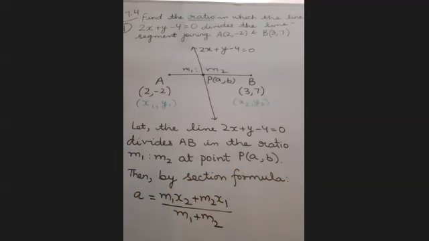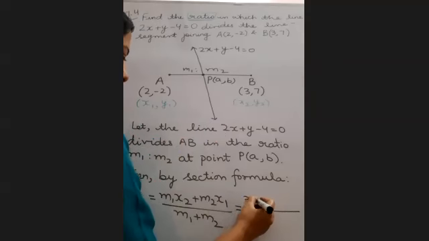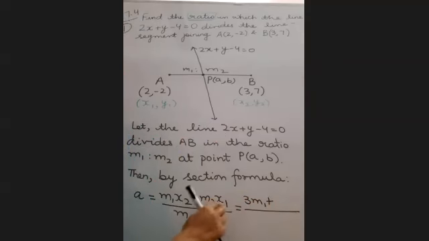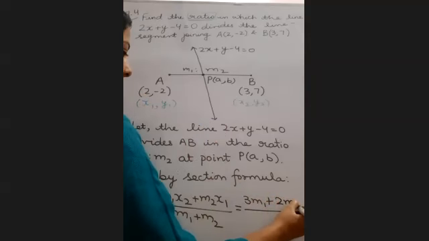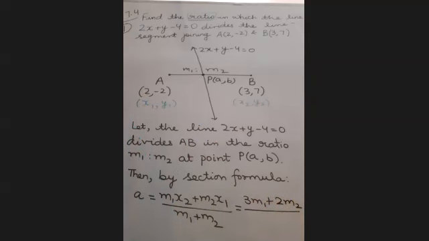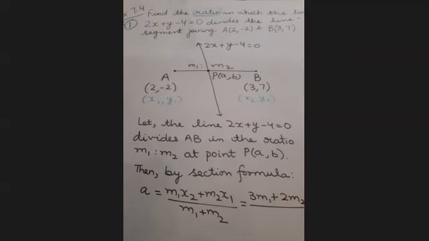All right, let us put the values. x2 is 3, so 3m1, x1 is 2, plus 2m2. So a = (3m1 + 2m2)/(m1 + m2).